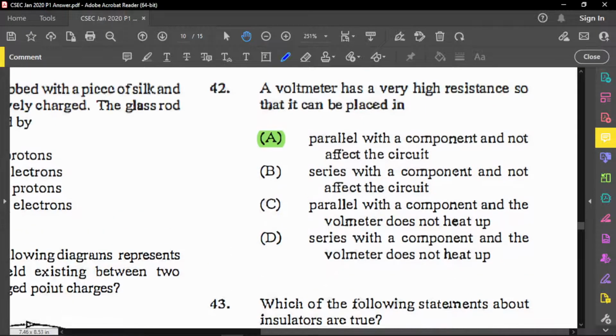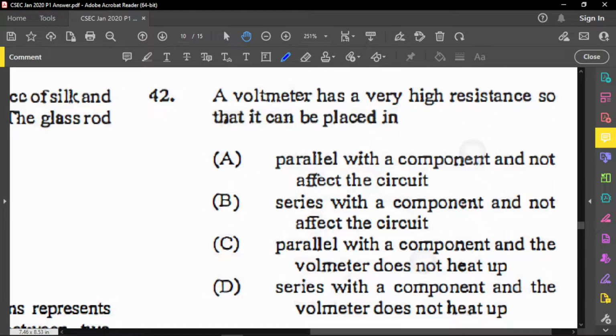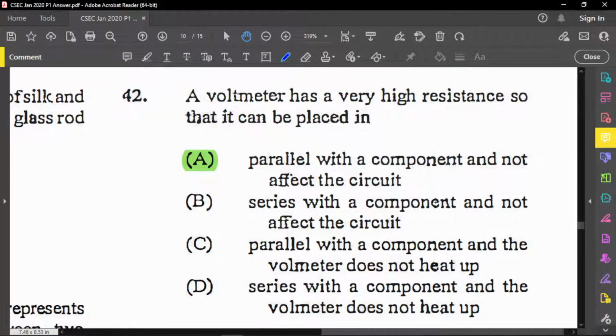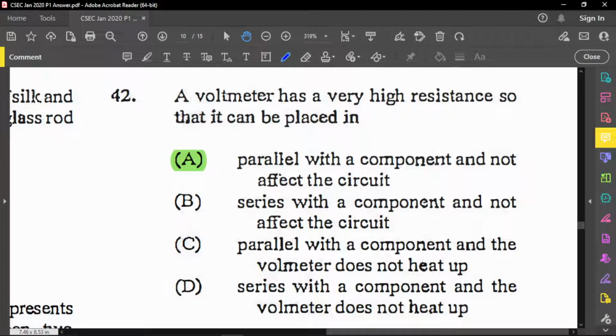Now, for question number 42, it stated that a voltmeter has a very high resistance so that it can be placed in parallel. And notice the difference here with a voltmeter compared to an ammeter. An ammeter must have a low resistance because the current flows through the ammeter itself, because the ammeter is connected in series.